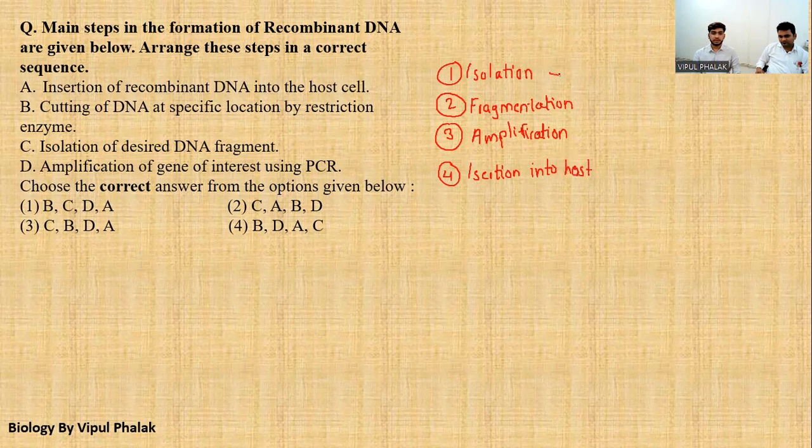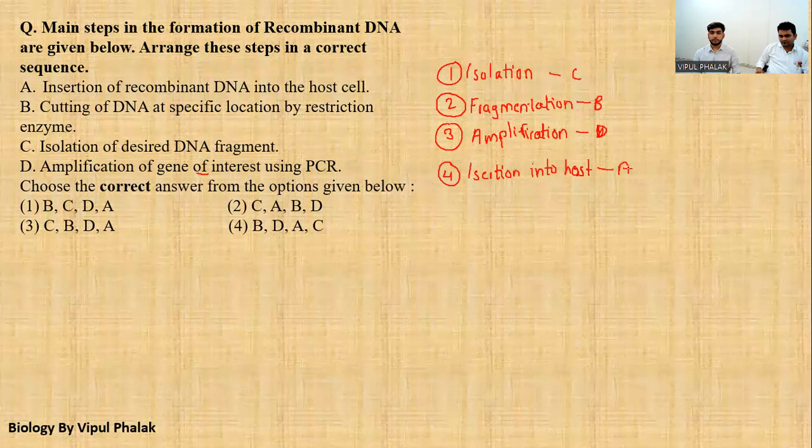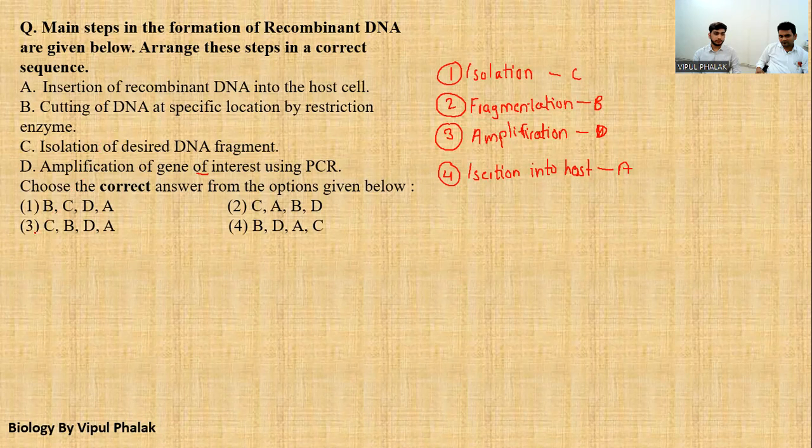Here isolation is labeled as C, fragmentation is labeled as B, amplification is labeled as D, and insertion of recombinant DNA in host cells is labeled as A. So we get the sequence C, B, D, and A, which is the third option.